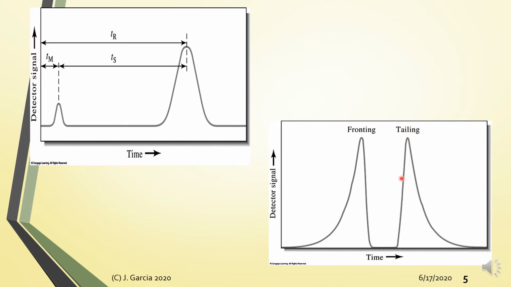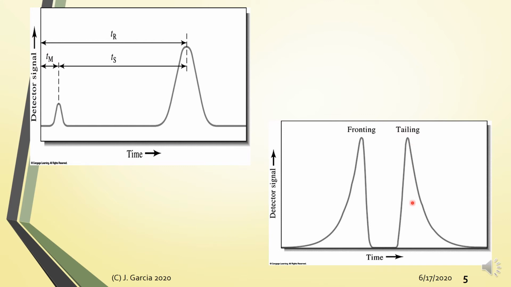In tailing, there are some solute molecules that are delayed compared to the bulk of the component that has eluted. Okay? There are many reasons for tailing. One reason could be that the chromatographic parameters are not optimized. So maybe you need to modify the mobile phase, or maybe you need to change the stationary phase of the chromatograph.